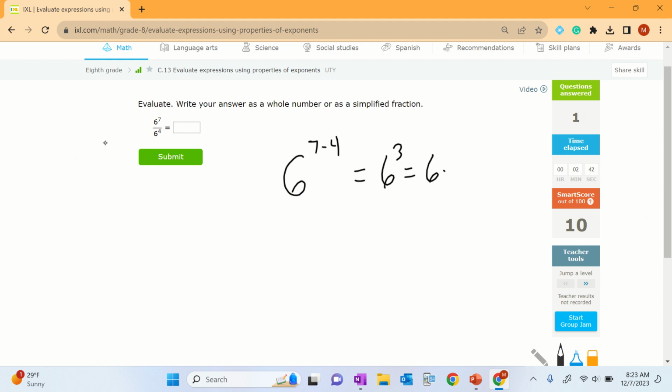So that's going to be 6 times 6 times 6. 6 times 6 is 36. 36 times 6, that's 30 times 6 is 180. 6 times 6 is 36. 180 plus 36 is 216. 216 there.